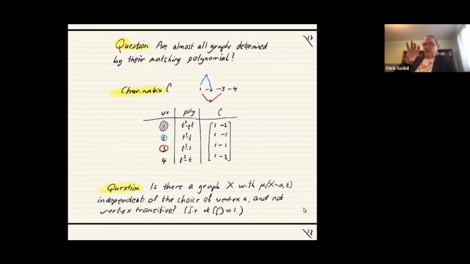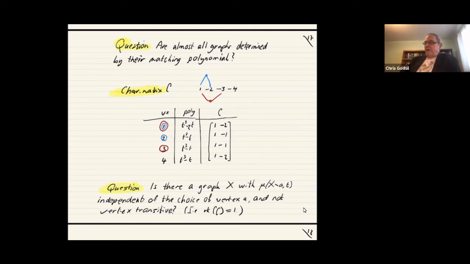I'm talking about an extension of a graph by taking one more vertex and joining it to a subset S in the original graph X, so I think of that as the cone over the set S. If the sum of the matching polynomials of X drop A, for A in S, is equal to the sum of X drop A for A in T, then the two extensions are co-matching. So we have this concept of co-matching extensions.